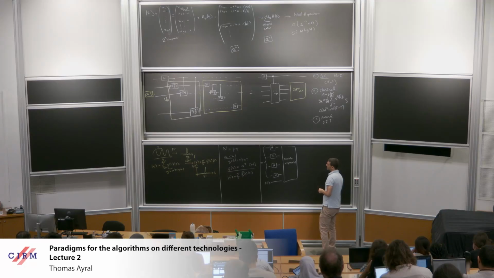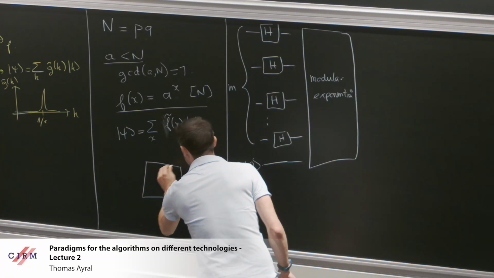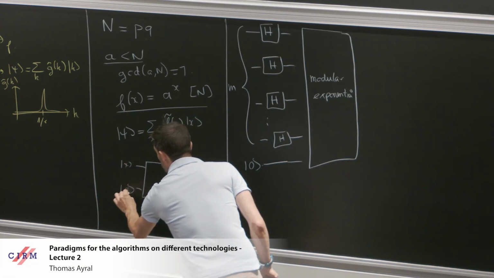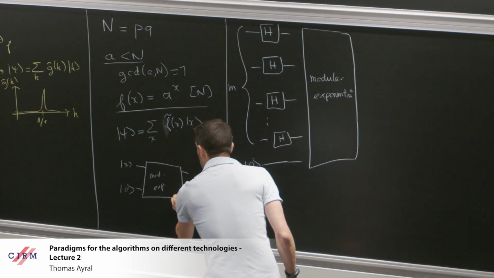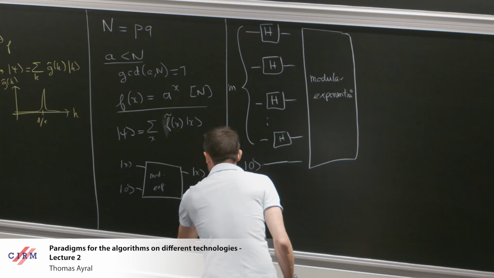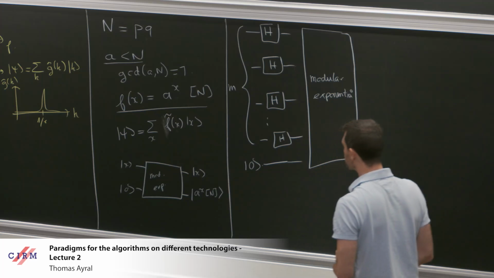And let me give you just the definition of this box. The precise definition of this box is that if you start with x and 0 in this box, so this is modular exponentiation, then you end up with x, and here you have a to the power x modulo n. Okay?